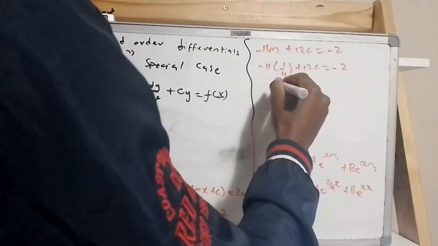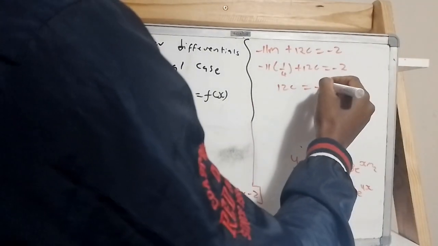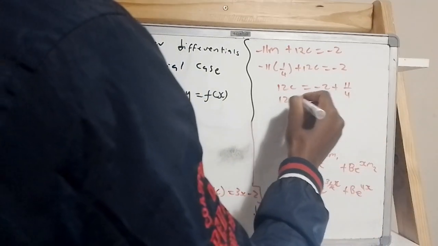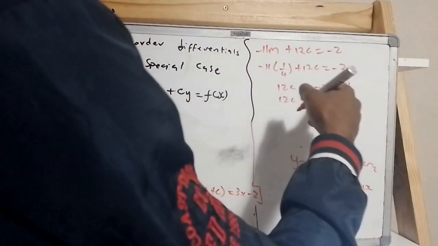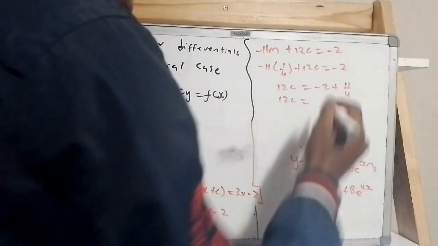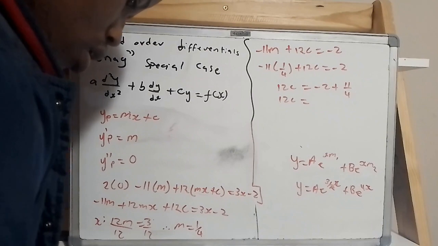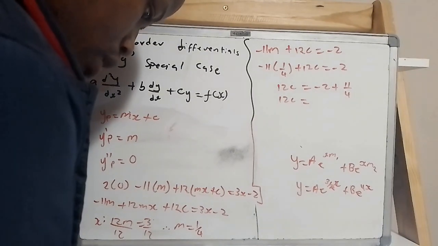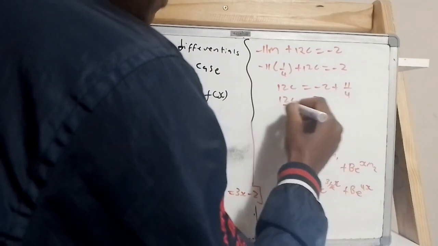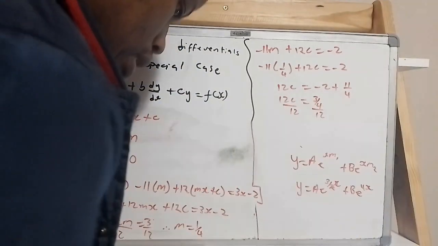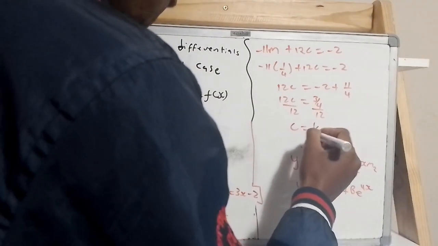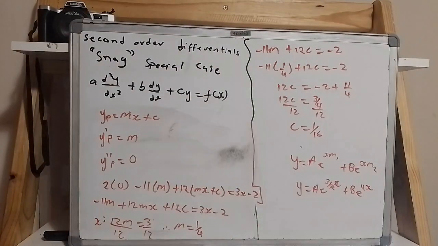Take this to the other side. 12c is equal to negative 2 plus 11 over 4, which is 3 over 4. Just prove it: 11 over 4 minus 2 is 3 over 4. Then divide by 12. It gives me c is 1 over 16.